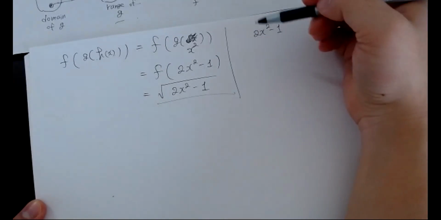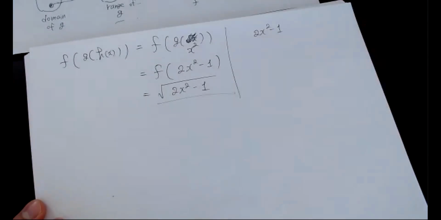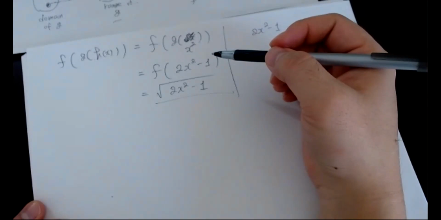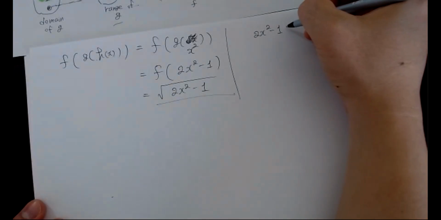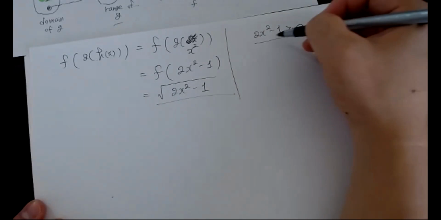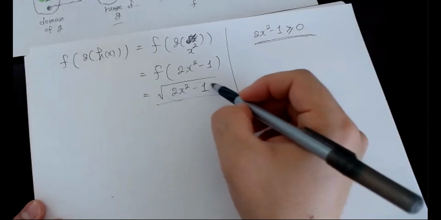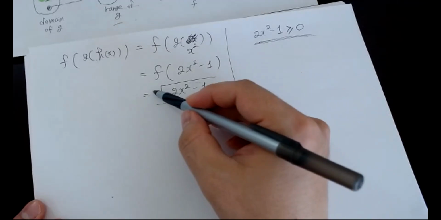I know the problem doesn't ask you to find the domain, but let's find the domain too. To figure out the domain, we need to solve that inequality. Why do we have to solve that inequality? Because 2x squared minus 1 is the quantity under the square root, right?